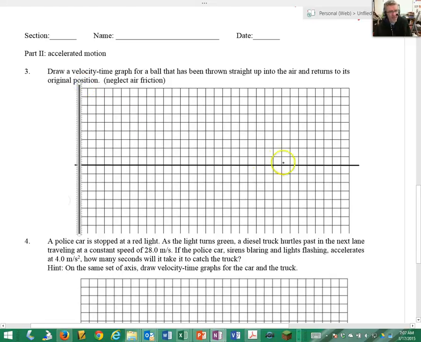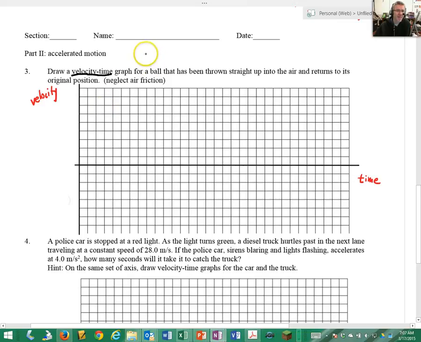These are my axes. Remember, when I say velocity versus time graph, I want to have time here along the x-axis, and then I want to have velocity over here on the y-axis.